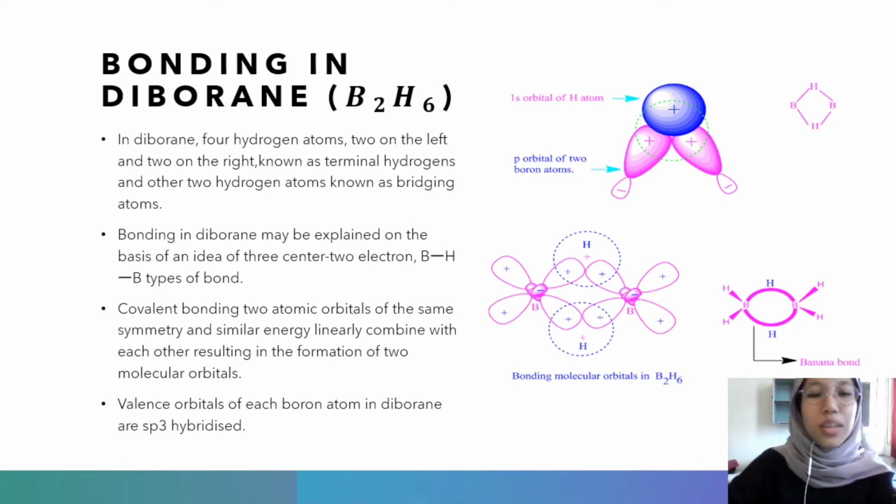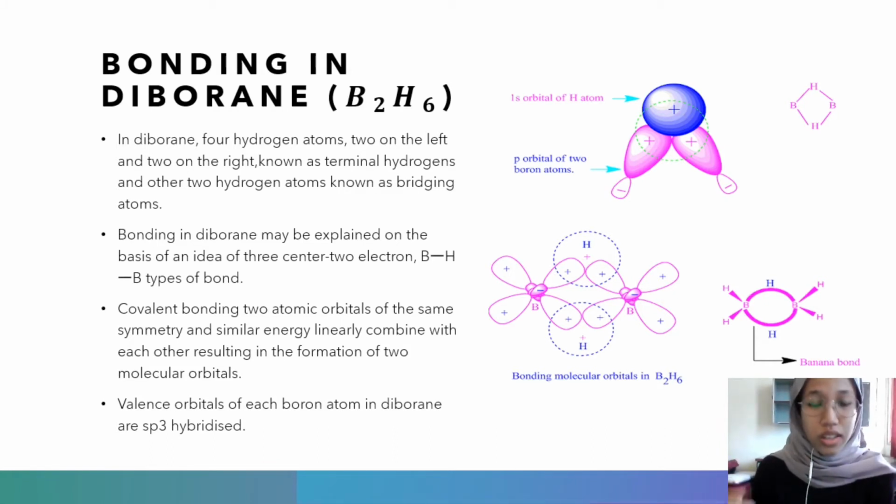Bonding in diborane may be explained on the basis of the 3 center 2 electron BHB type of bond. What it means is a chemical bond in which 2 electrons are shared between 3 atoms. In BHB bonding, there are 2 boron atoms, and each boron atom contributes 1 valence electron, so the total number of electrons contributed is 2.